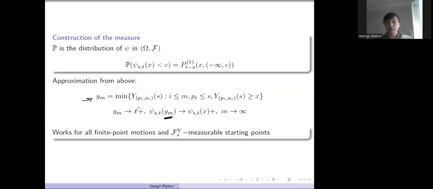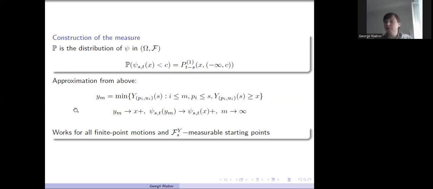Because if x belongs to the trajectory of the process y, then simply ym will be equal to x for large enough m, and psi st of ym will be equal to psi st of x. And if x is not on the trajectory of y, then psi st is the limit from above. So this finishes the construction.